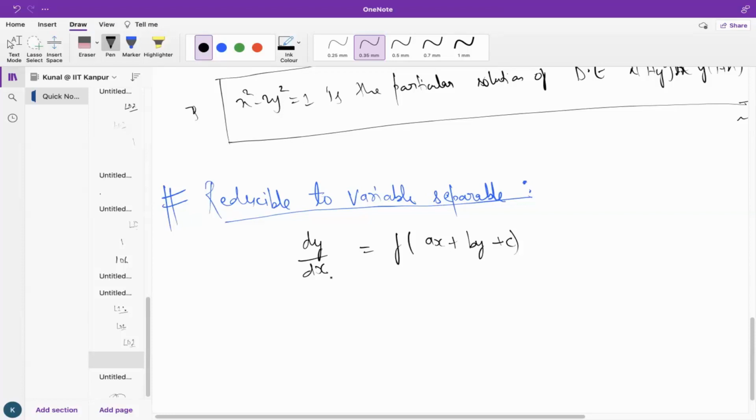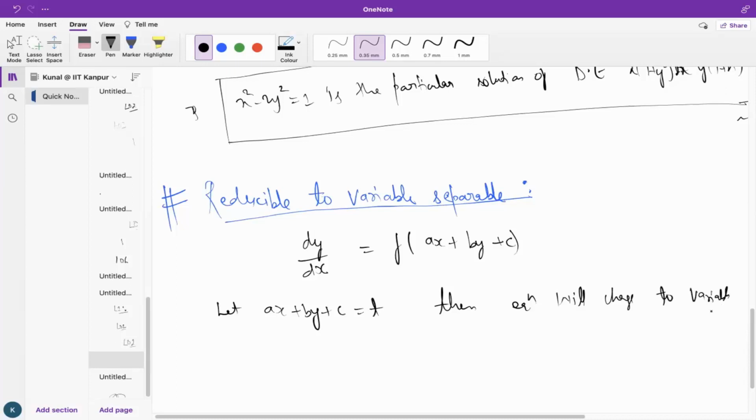So how can we do that? Let's see. What you have to do is just let ax plus by plus c be equal to t. Just assume it as t, and then our equation will change to variable separable.